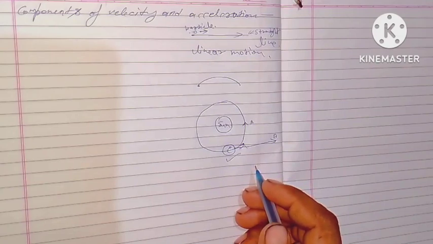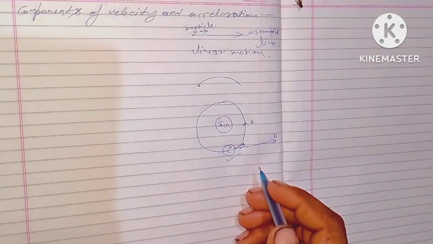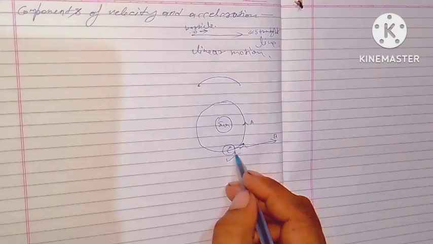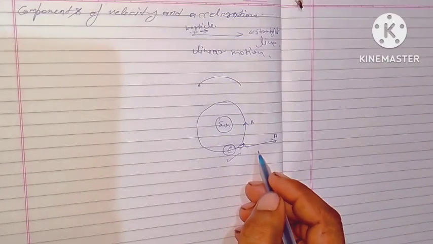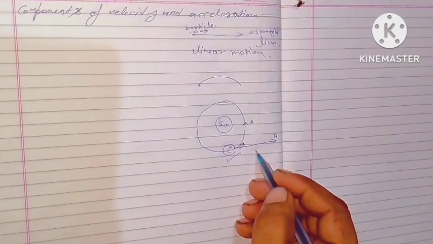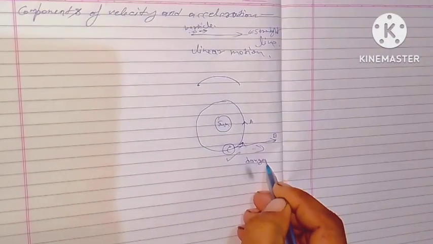Thus, at any particular instant, its instantaneous velocity is along the tangent to the path, and we refer to it as the tangential velocity.